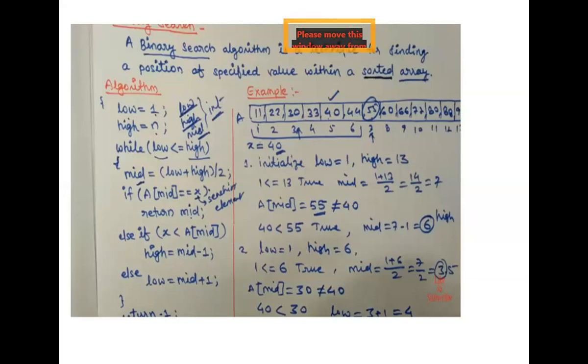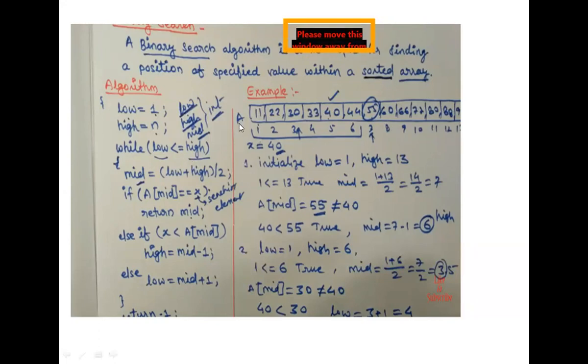In binary search, we use the divide and conquer technique, dividing the array into two parts by 2. First, check the condition while low is less than or equal to high, then mid equals (low + high) by 2.